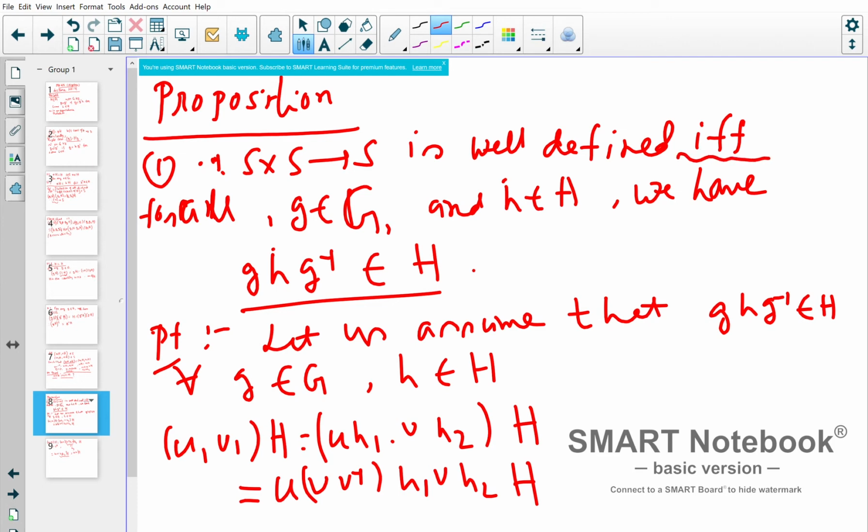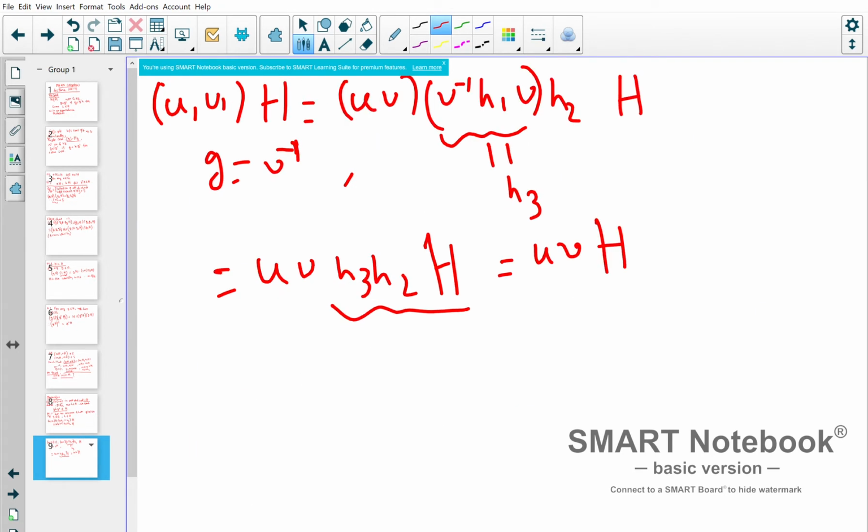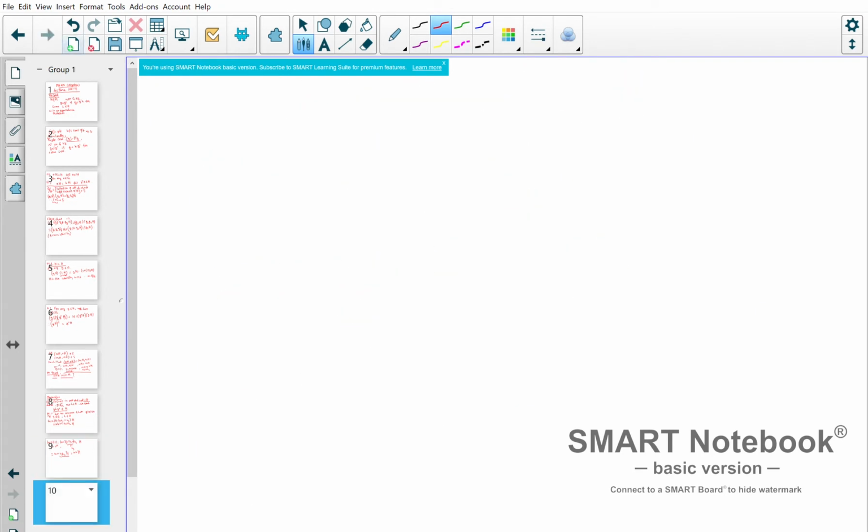So we need to prove the converse part also. Now how to prove the converse? So let us prove this conversely. Conversely, what is given?